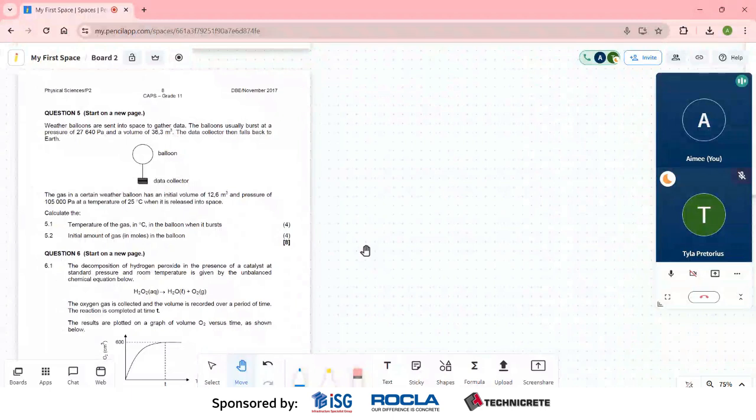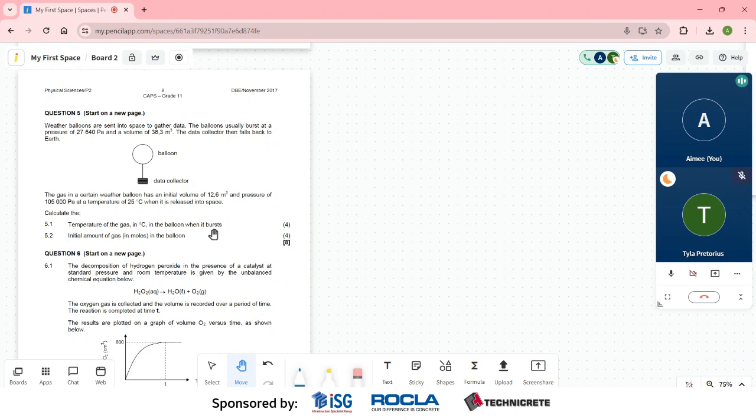So here they show you a picture. They say the gas in a certain weather balloon has an initial volume of 12.6 meters cubed and an initial pressure of 105,000 pascals at a temperature of 25 degrees Celsius when it is released into space. Calculate, 5.1, the temperature of the gas in degrees Celsius in the balloon when it bursts.